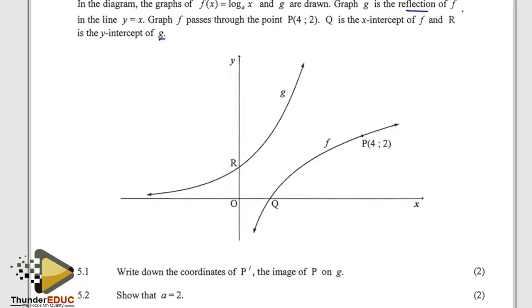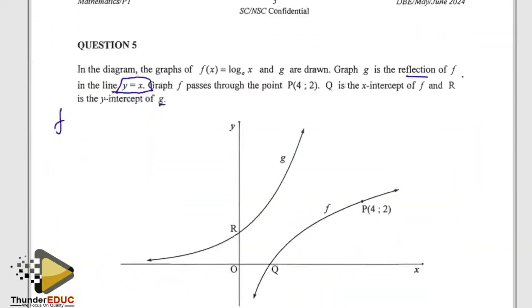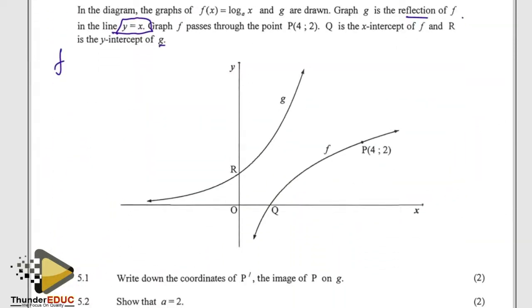Now, the moment they tell you that it's a reflection in the line y is equal to x, automatically it is the inverse. In other words, f is the inverse of g, or g is the inverse of f, vice versa. Now, first question, they are telling us to write down the coordinates of P prime, the image on g.